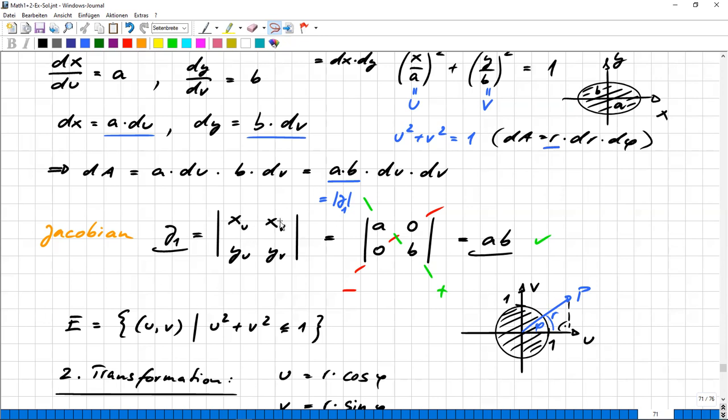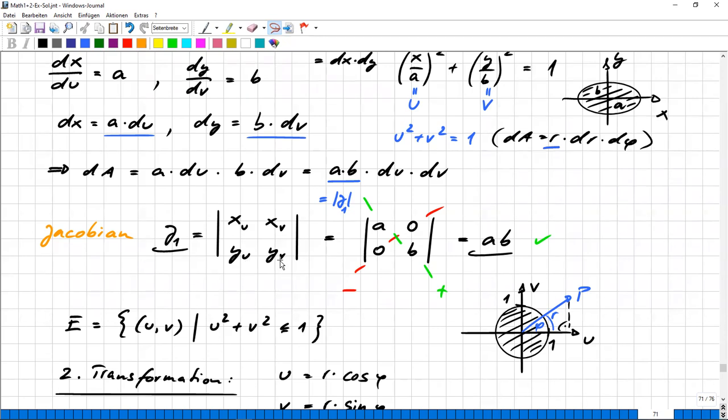And then you go on in this row, keep using the first one of your old variables, and then take the partial derivative with respect to the second new variable. The same holds for the second row. Then here I proceed to old variable number 2, which is y, and then I take the partial derivative for u, for v, and that's it.